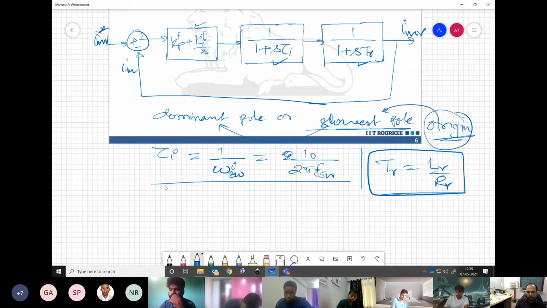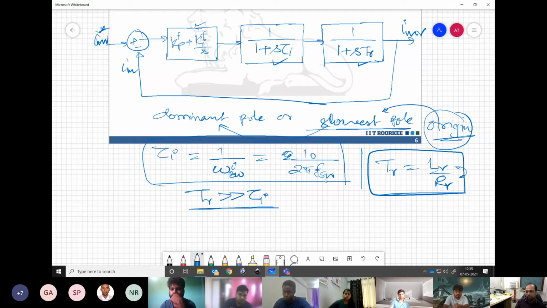So in any case, your TR is much bigger compared to your tau I. Much bigger. Because this is directly related to your rotor inductance and resistance, whereas here it is related to the switching frequency, which is a much higher frequency component. So this is what we will see in our system in general. Correct? Now there are two options.